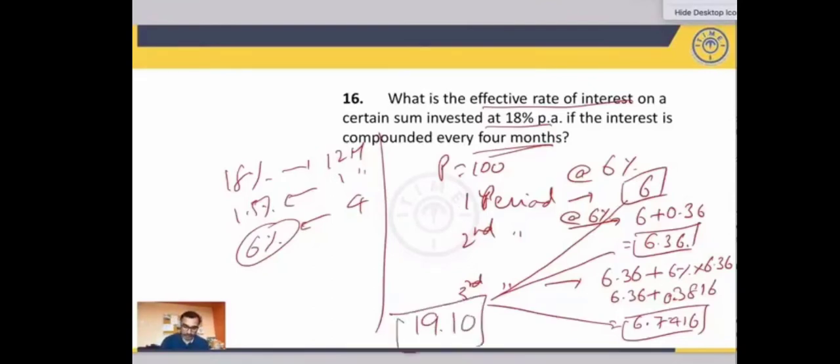So approximately you will get an interest of 19.1%. That means if I want to invest an amount under simple interest, where the interest under simple interest and the nominal rate of interest is the same, the simple interest rate should be 19.1%.